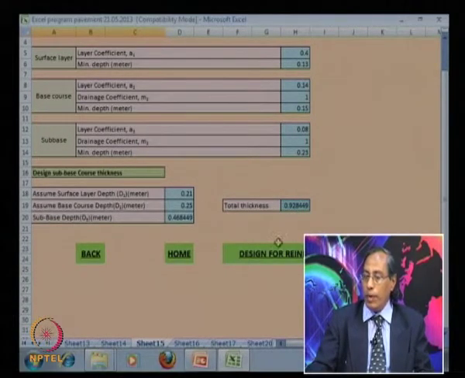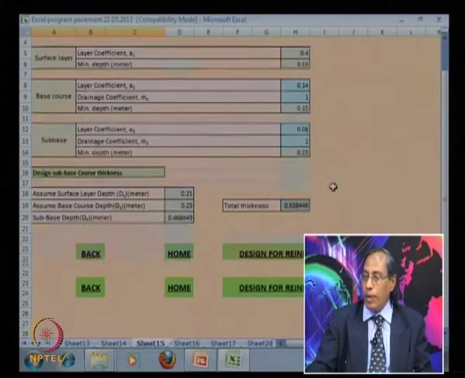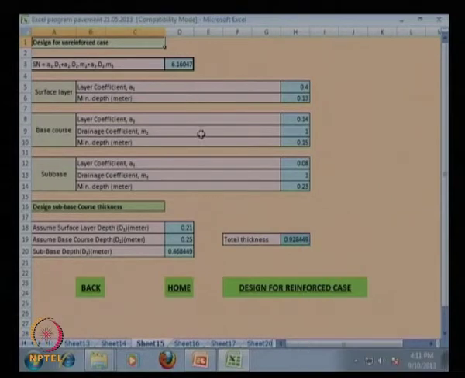This is in case of the unreinforced pavement, considering all the structural layer coefficients from this equation: SN is equal to A1 D1 plus A2 D2 M2 plus A3 D3 M3. So you can determine the structural number and the thickness of the pavement.